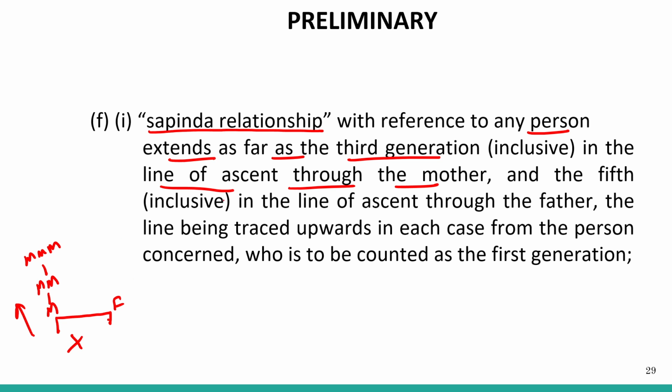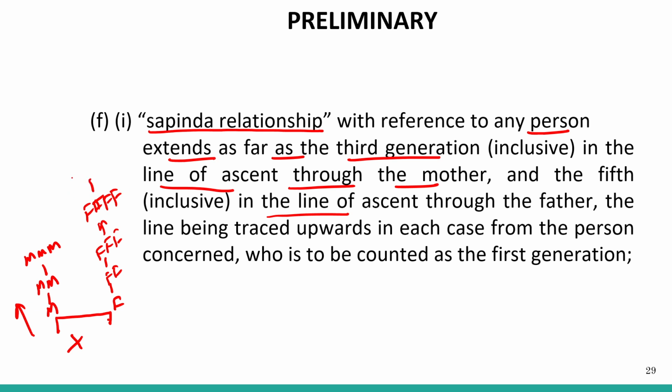And 5 in the line of ascent to the father. This is father, this is 1. This is father's father, this is 2. This is father's father's father, great grandfather. Then father's father's father's father, great great grandfather.